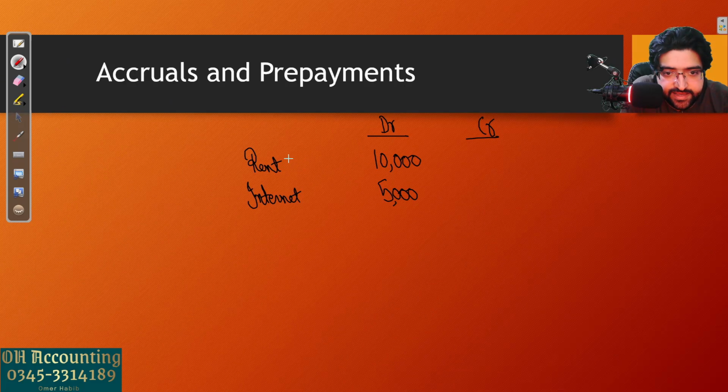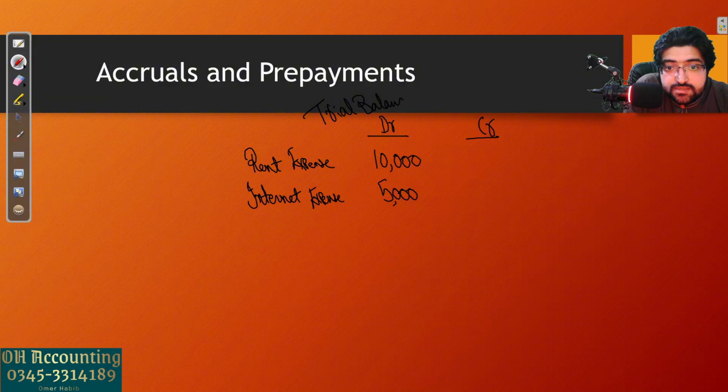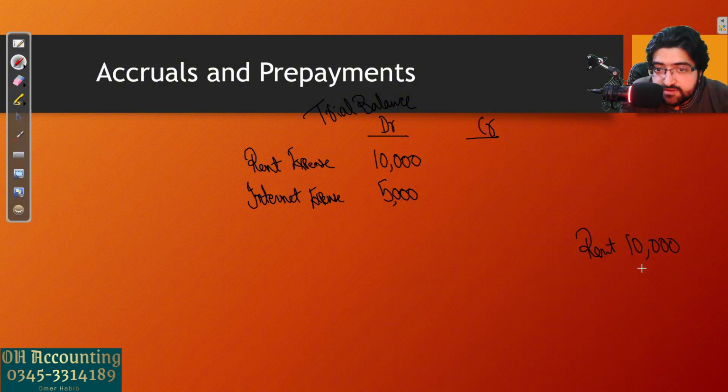Okay, this is rent expense. This is internet expense. This is your trial balance. Remember, the trial balance shows us the actual payments made for the expenses during the year. These are the actual payments made, which means for rent, I have paid $10,000 or rupees, whatever.